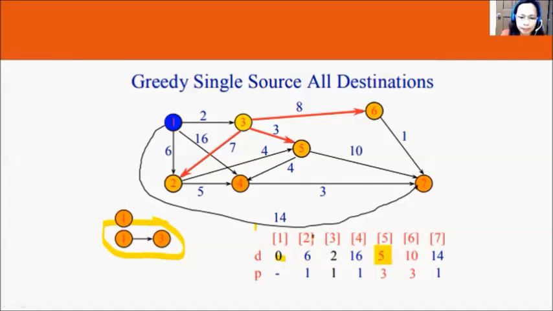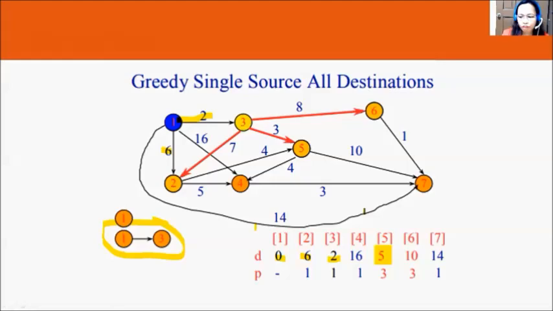Next, from vertex 1 to 2, do we have any distance or length? Yes. We have 6. That's why we have 6 here. Next, from vertex 1 to 3, we have 2. That's why we're going to put 2 here.